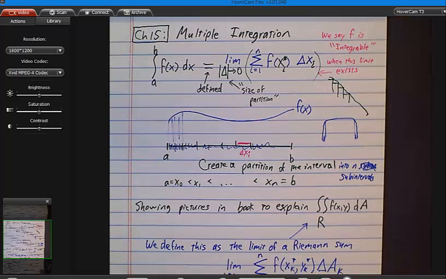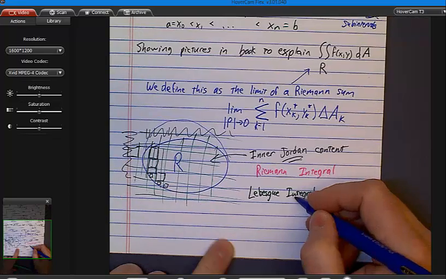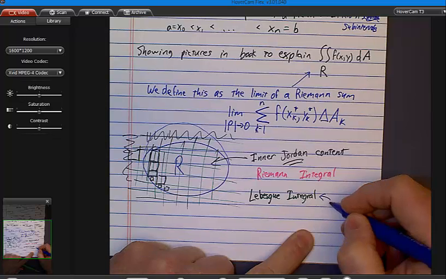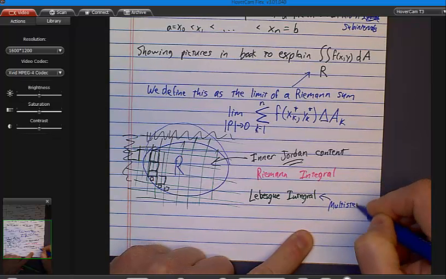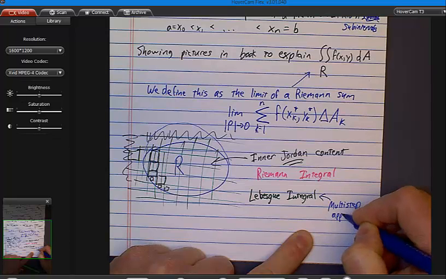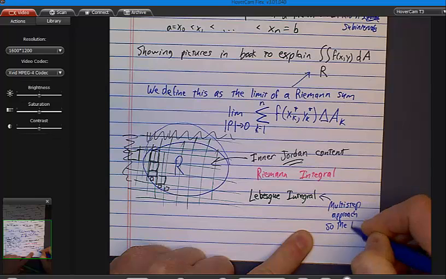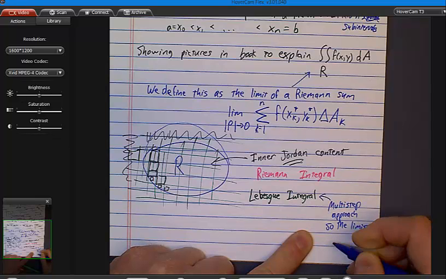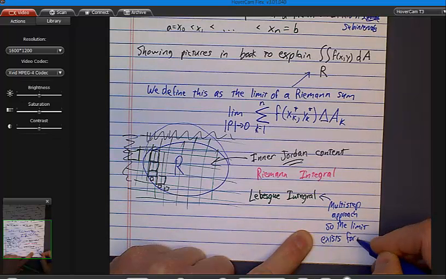Well, it turns out that basically Lebesgue integral, okay, this is kind of a multi-step approach. So the limit exists for more functions.